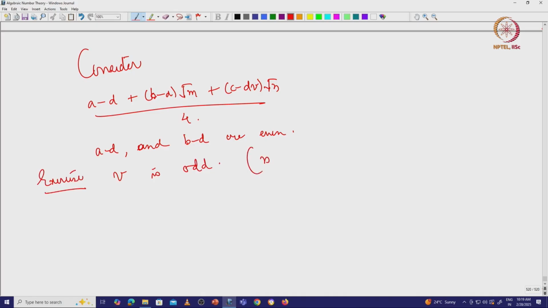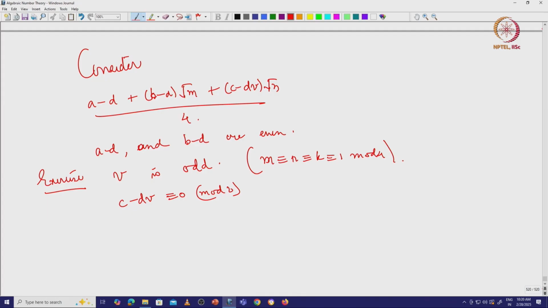This is because m is congruent to n is congruent to k is congruent to 1 mod 4. So, you see how v comes about, and it has to be odd, which means that c minus dv is also 0 mod 2, right. So, either c and d are both even, in which case this is true, or c and d are both odd, and you are multiplying an odd number d by another odd number v, and so dv is also odd, and you get what you want, right.